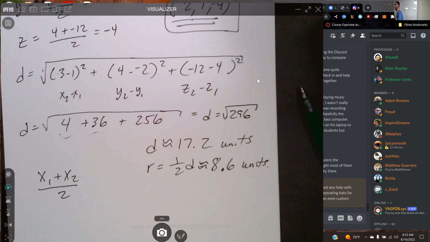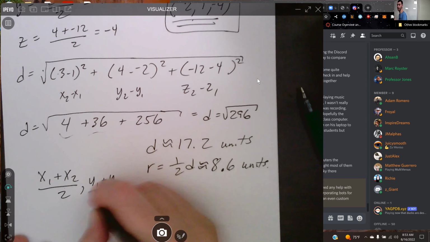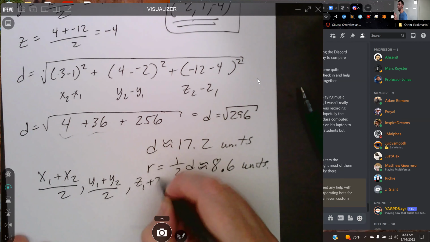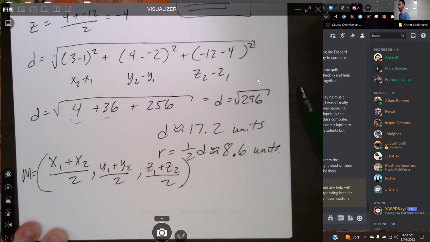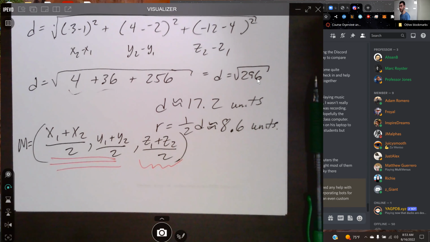So you have an x value and an x value from different points, you add those together, and then you divide that sum by 2. And that will give you the midpoint. And you do that for all 3. It's how it works in 2D. This is what you've learned in 2 dimensions. Scaling it up to 3 just means adding in the Z component. It's pretty handy that it just scales up.